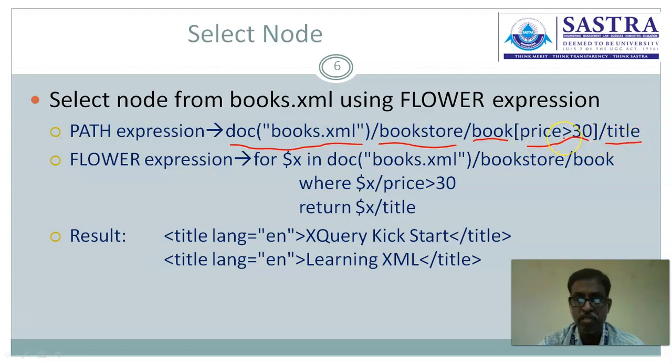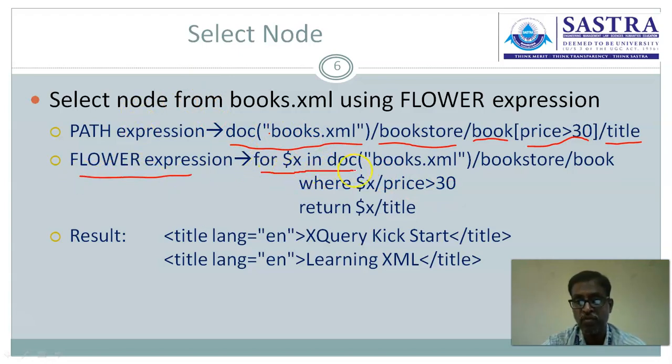Here in this XPath expression, I want to display only the title. Previously, I displayed the entire book details which satisfy price less than 30. Here, for all books with price greater than 30, I want to display only the title. That will be achieved through this XPath expression. The same thing is converted into a FLWOR expression.